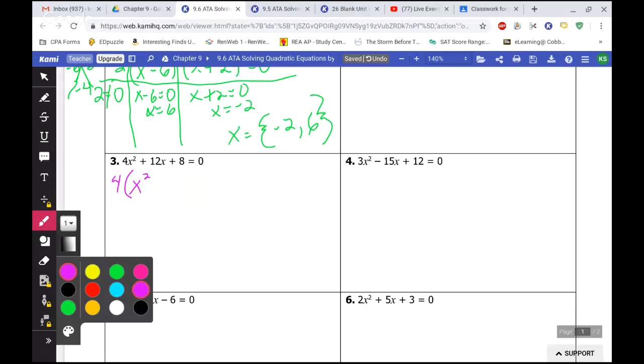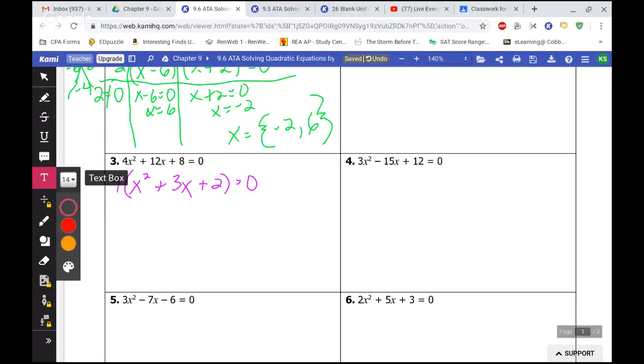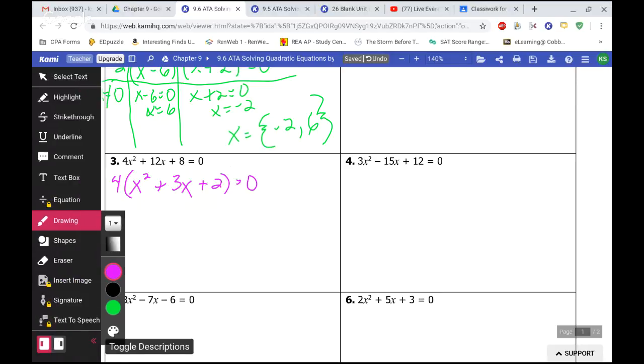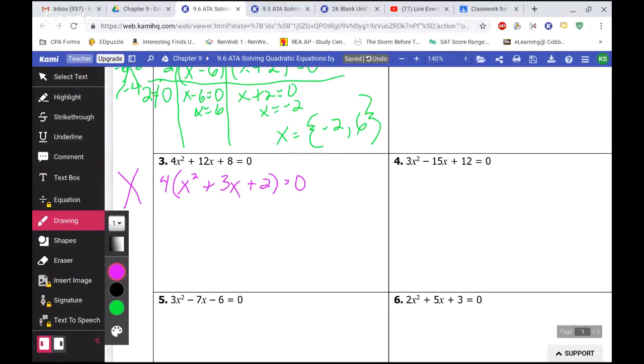If I take a 4 out of 12x, leaves me 3x. And if I take a 4 out of 8, leaves me 2. So now I'm looking for, oops, sorry guys.